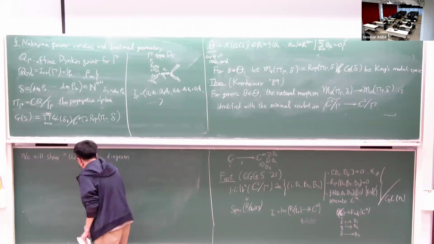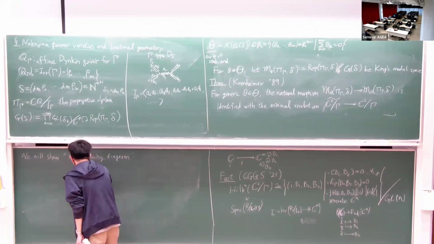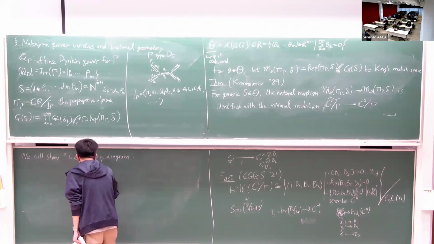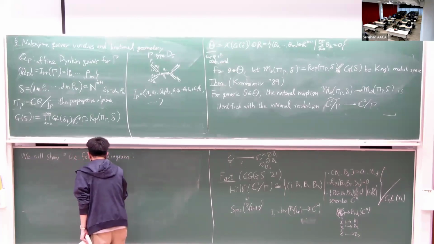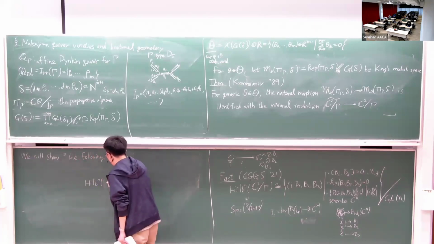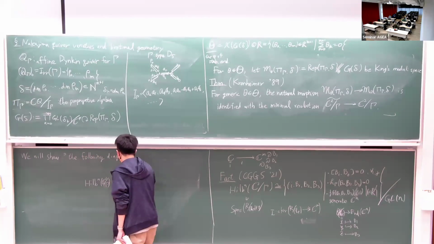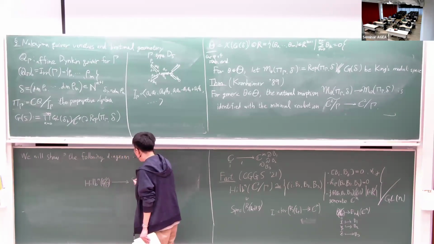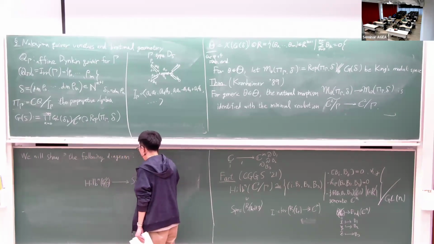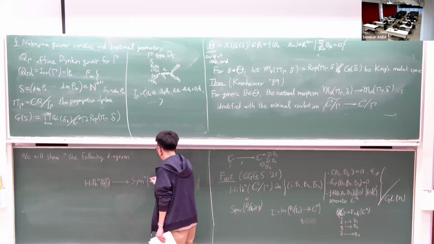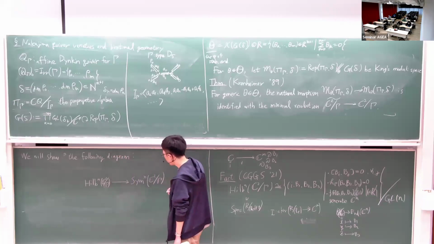So in general, if we have a Hilbert scheme of points on any scheme, we can define the Hilbert-Chow morphism to the symmetric power of the scheme. So in this case, we consider C2 mod gamma.